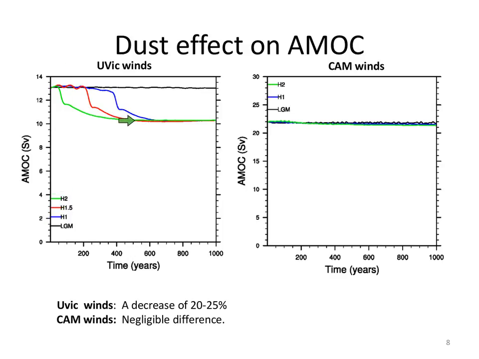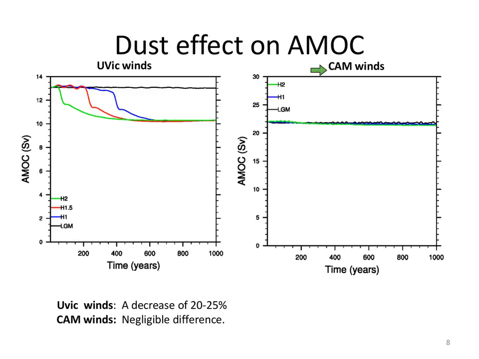We have a decrease of the AMOC under UVic winds from the original 13 Sverdrups. Because you have a decrease in the westerlies, you have a decrease in the AMOC. The mean is about 13 Sverdrups and you have a decrease of about 20-25%. The increase of dust is just changing the timing of this variability, but all of them simulate a 20-25% decrease.